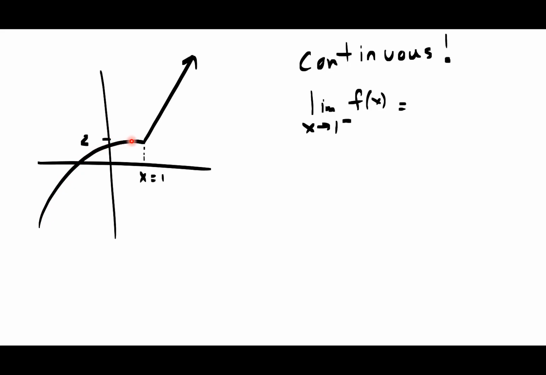That's the height that it reaches, and it just stops right there. So notice from the left side, the limit of the function itself is 2. Now next is from the right side. What's the limit of the function as it goes to 1 from the right side? What do you guys say?